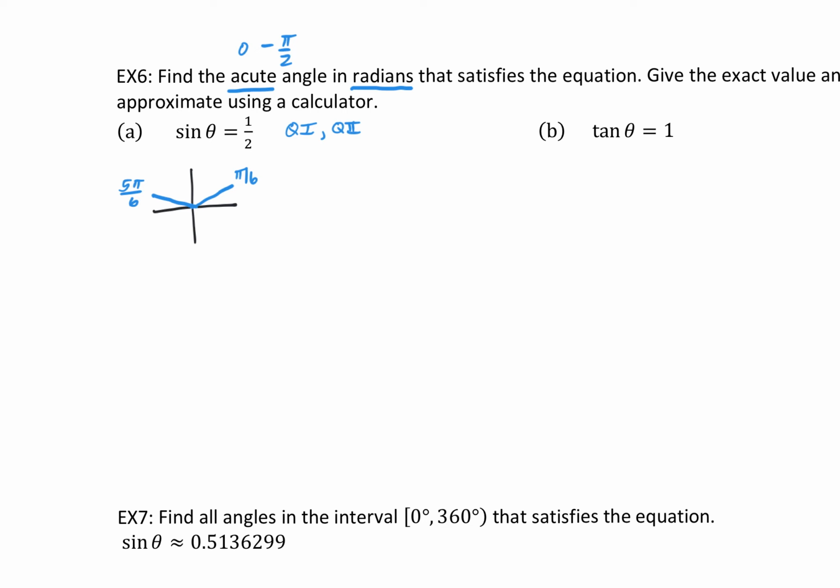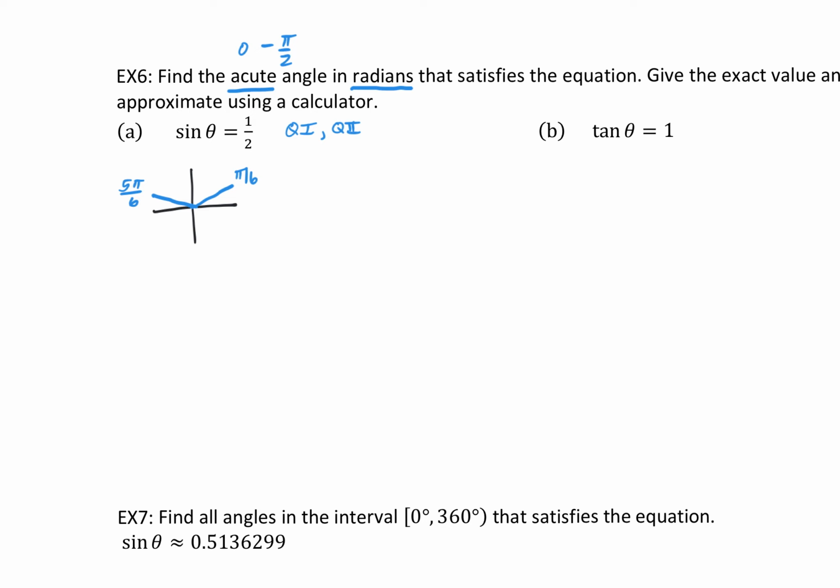If I add 2 pi to 5 pi over 6, if I keep adding 2 pi to these values, or even subtracting 2 pi, going in the other direction, I'm going to get infinitely many angles that give me a sine value of 1/2. And you can see that by remembering the graph of sine, how it goes on infinitely in the x and y plane. It goes on infinitely in both directions.